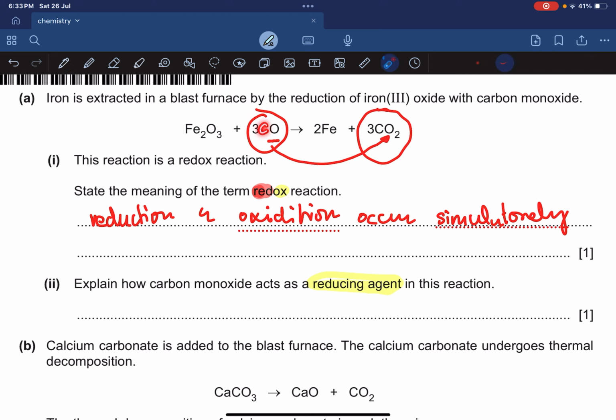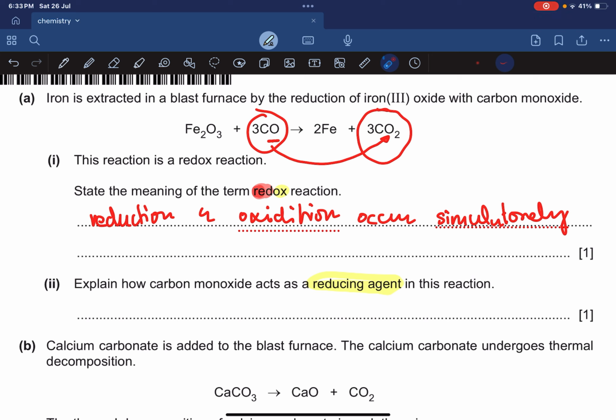This carbon monoxide with a single oxygen turning into carbon dioxide with two oxygens. So gain of oxygen, it itself is getting oxidized and it's making this iron lose its oxygen, because if carbon monoxide wouldn't have been there, then iron 3 oxide wouldn't be able to lose its oxygen to someone.